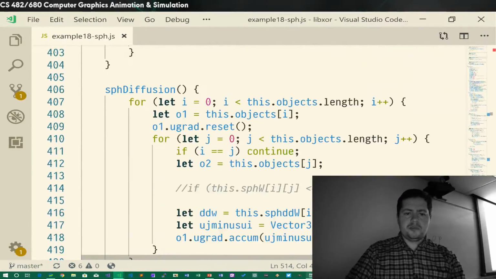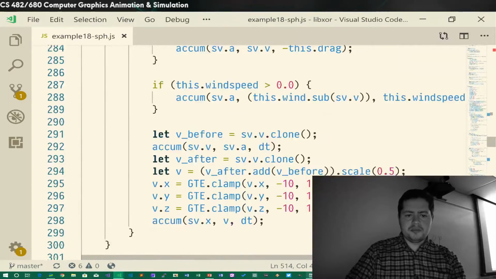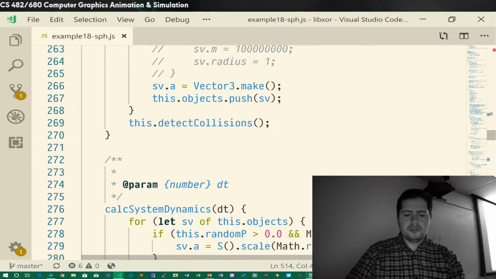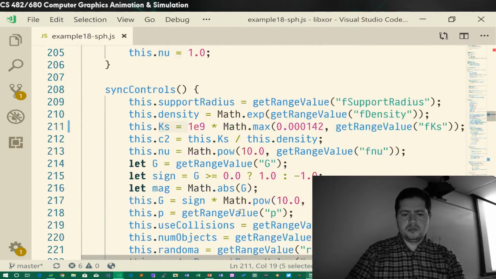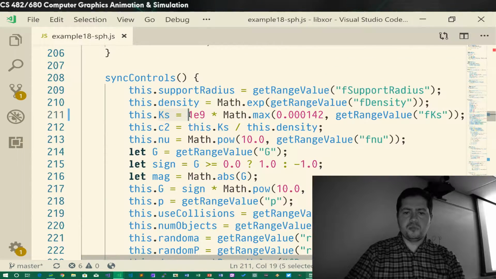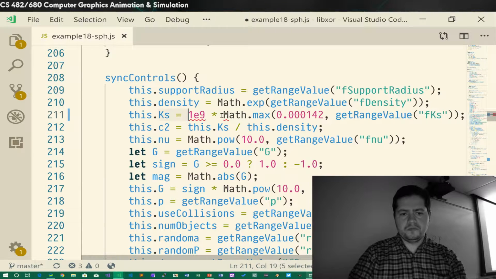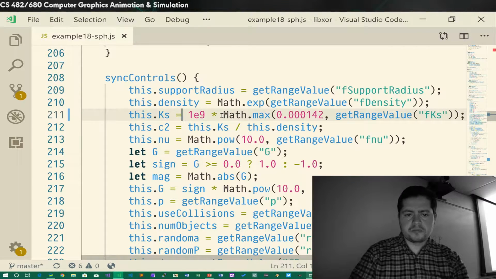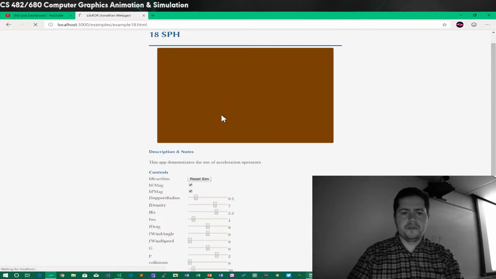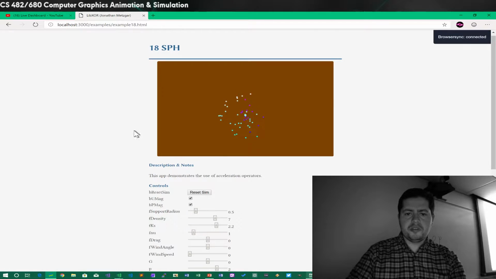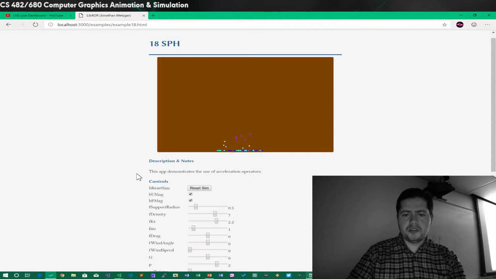For the sake of just being able to see anything that's happening, we're going to remove... whoa. Okay, so this should slow down.